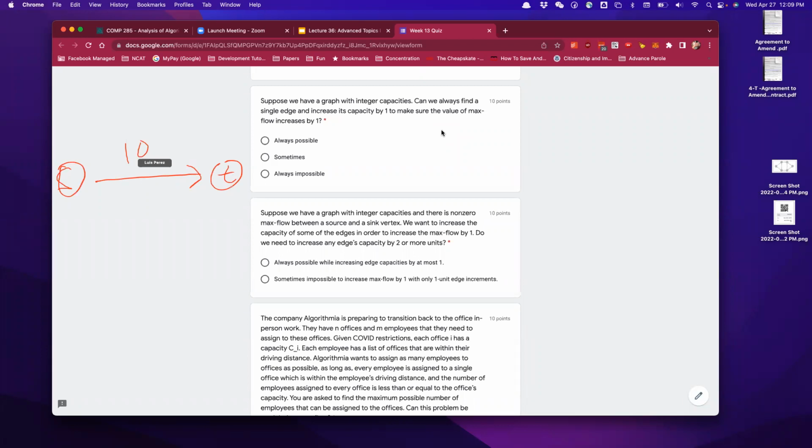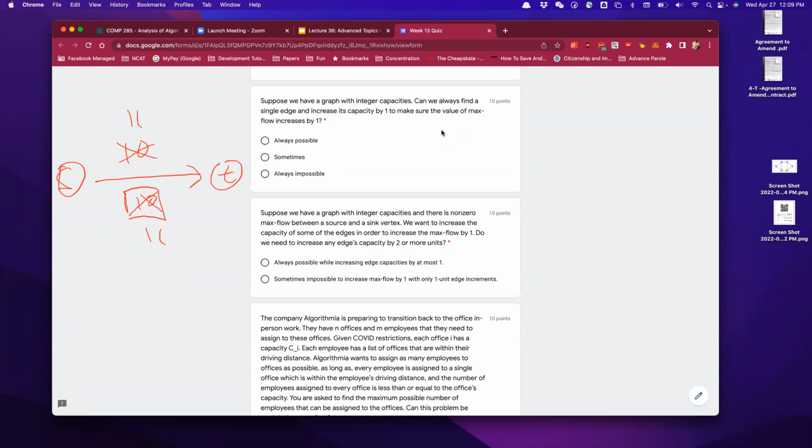So my maximum flow is 10, right? Because I can just push 10. Now the question is asking, can I increase that maximum flow? Can I change the graph so that the maximum flow is now 11 by increasing the capacity of just one edge by 1? So in this graph, obviously I can, right? Because if the capacity wasn't 10, if it was 11, then now the maximum flow is 11 because I can push 11. Now the question is, can I always do that?